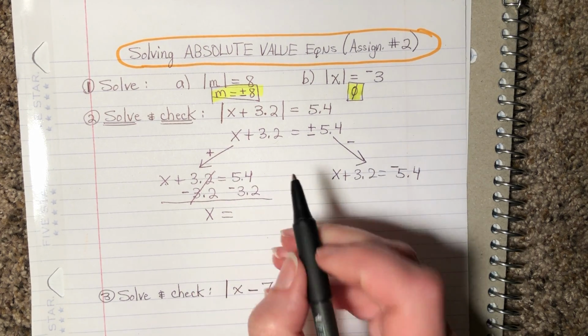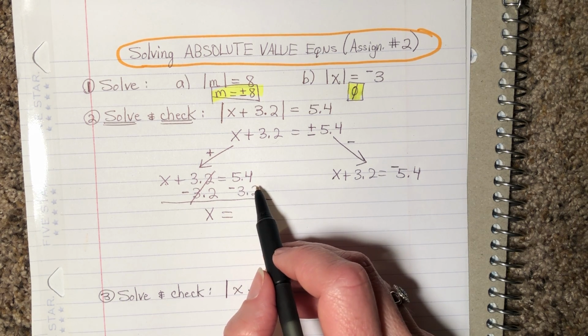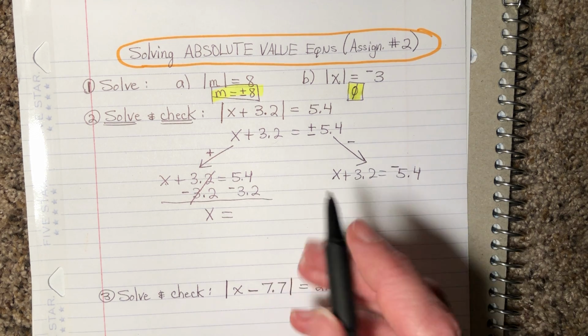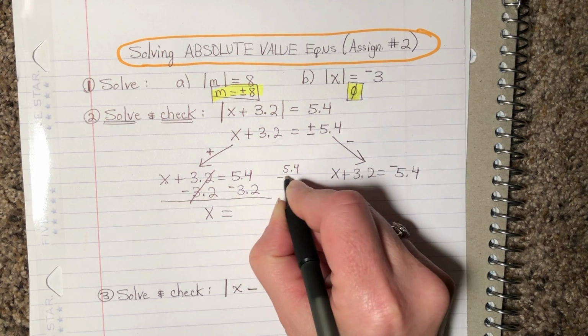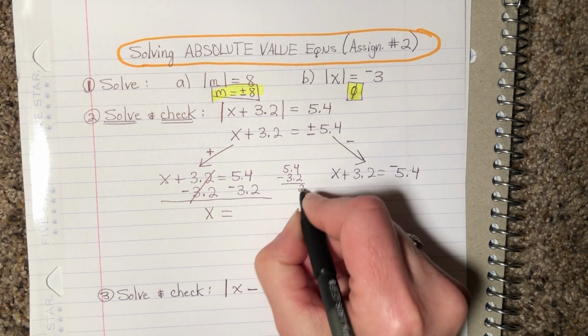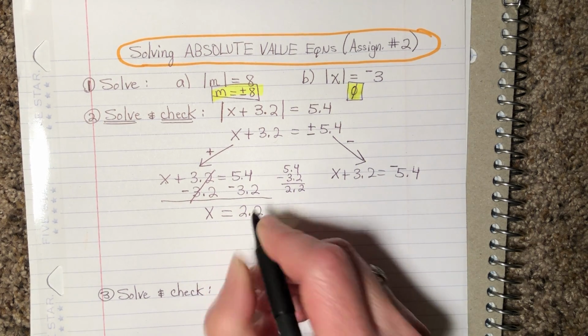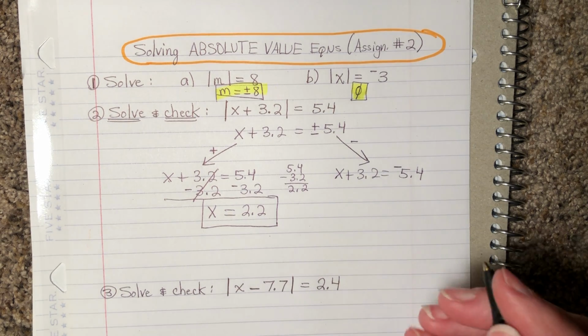X equals, now I'm adding, you're always adding going down, but I have two different sign numbers, so that really means I'm going to subtract. So 5.4, what I'm doing is just 5.4 minus 3.2, right? Because that's the bigger number. So it's just going to be a 2.2, taking the sign of the bigger number. So that's one answer.